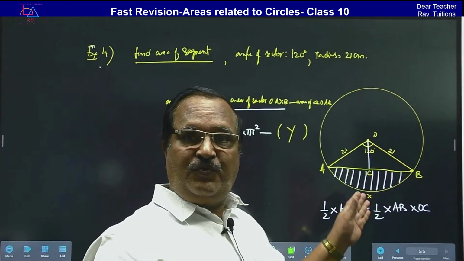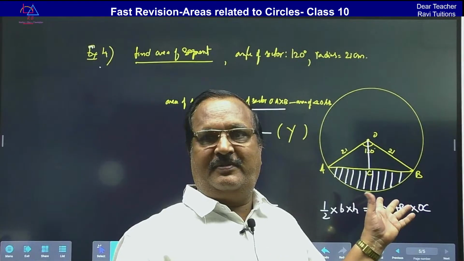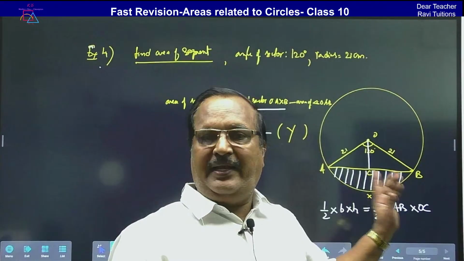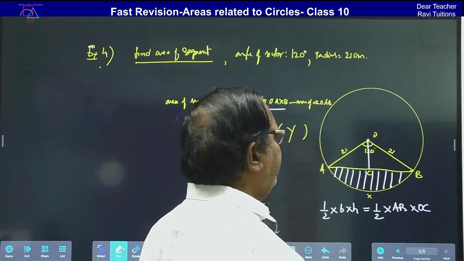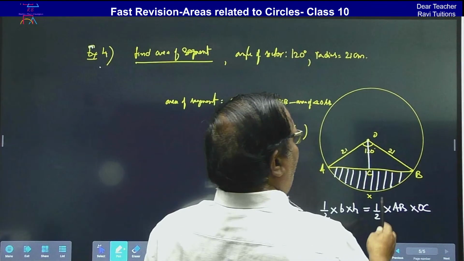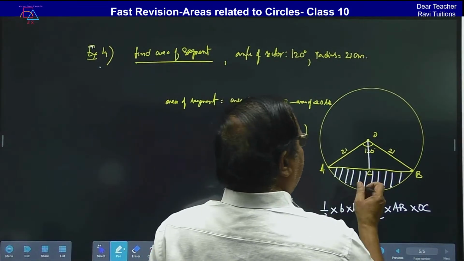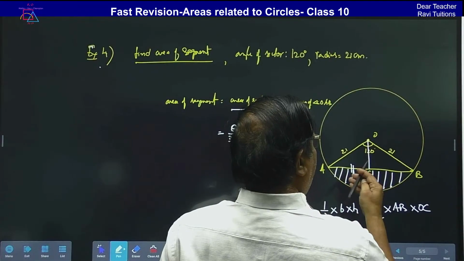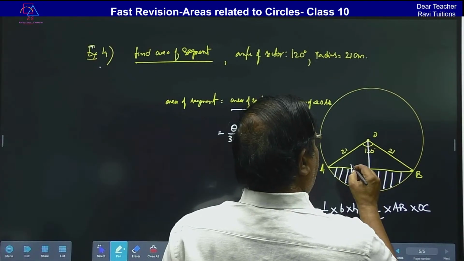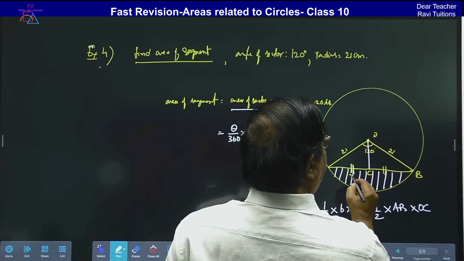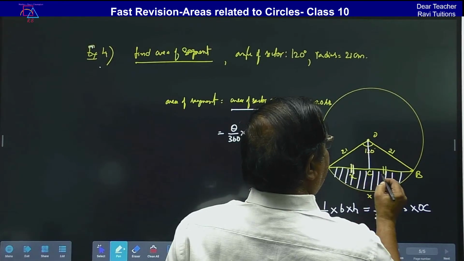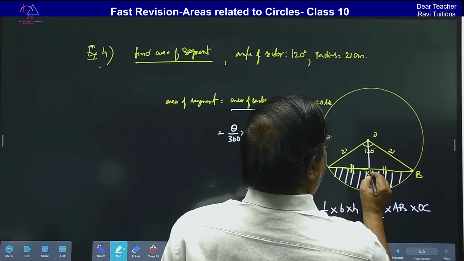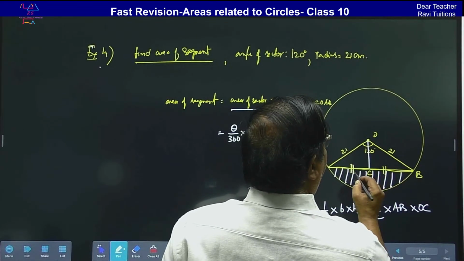So how to find AB? A special higher order thinking question. When you draw a perpendicular, the chord will become bisected. So AC is equal to BC.